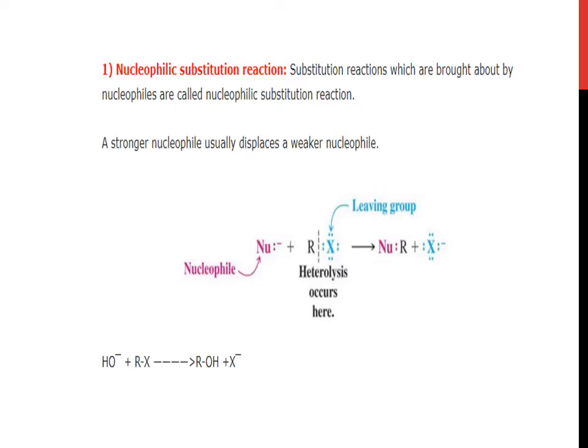It attacks the alkyl halide RX. X is the leaving group, so it leaves the reaction as X negative. There will be attack of the nucleophile on the alkyl group. Nucleophile is Nu with an extra pair of electrons. Similarly, in this reaction, the nucleophile is HO negative on alkyl halide. It gives alkyl alcohol, this is ROH.